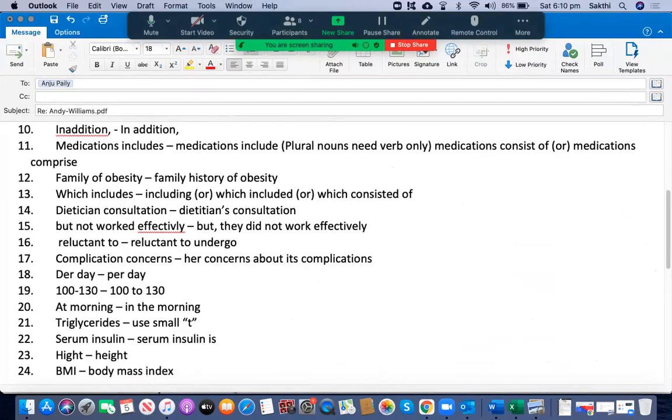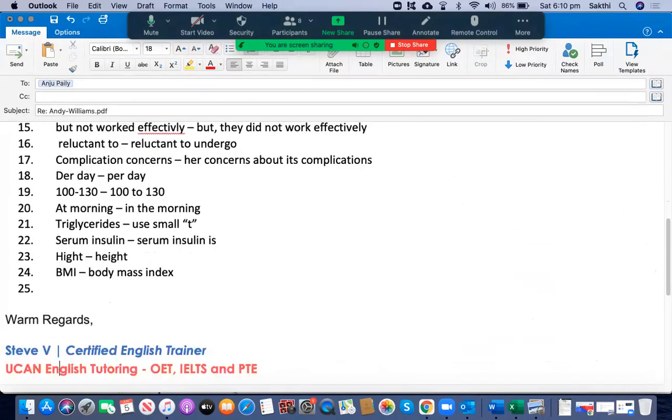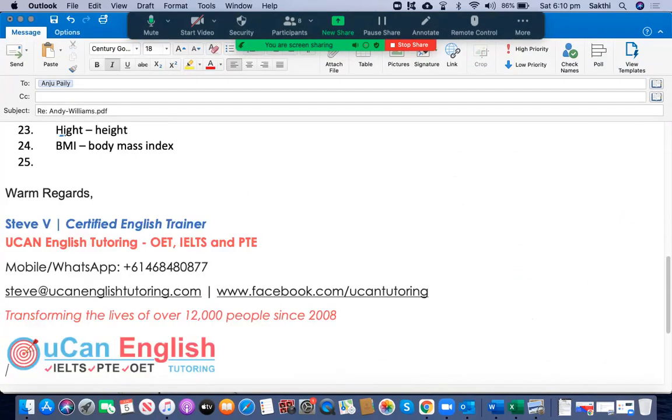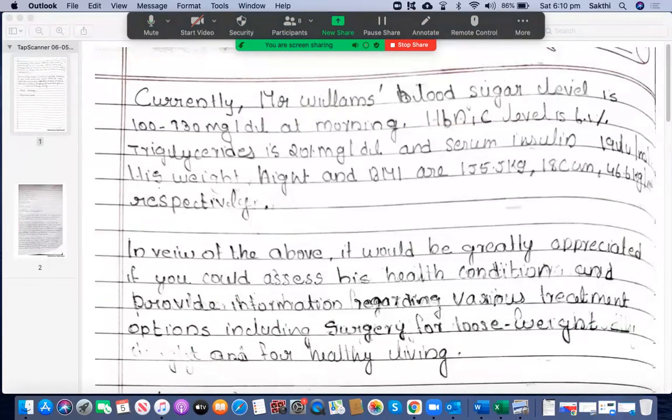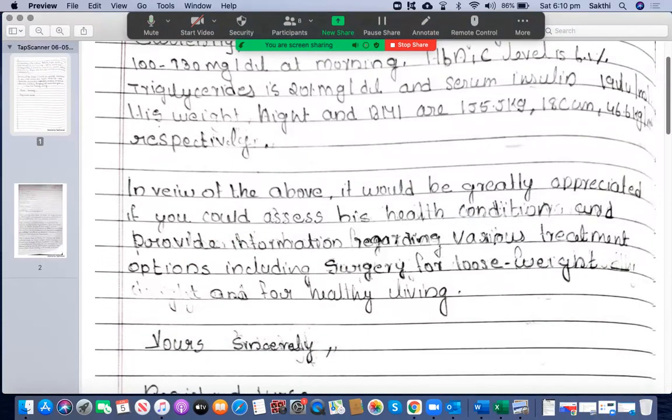It is always good to expand all the abbreviations, because abbreviations will decrease your score. If you use abbreviations, they will negatively affect your score. So instead of writing the whole thing, you can say he is overweight with the body mass index of blah blah blah. That's it. Simple. You don't need to include all this information.